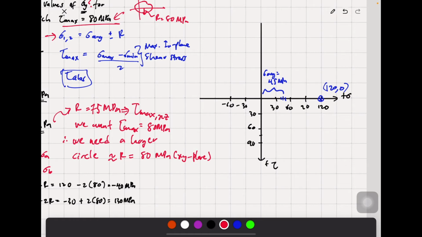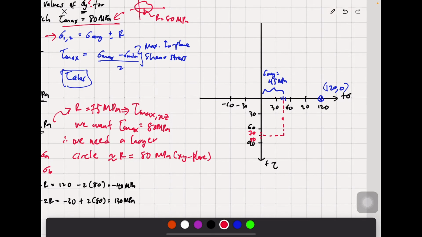So this is 60, 70, 80 and 90. So 75, it's about that point over there. Remember, this is just the sketch for our solution over here.